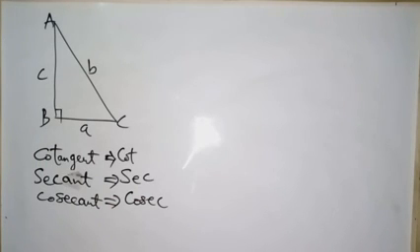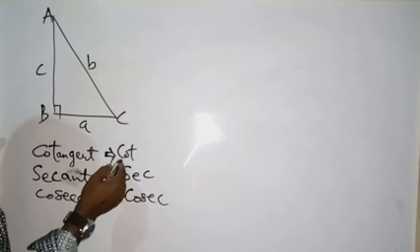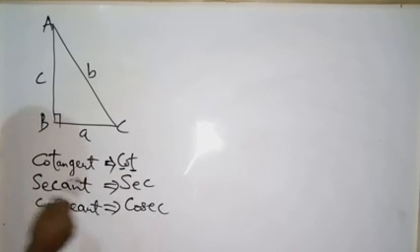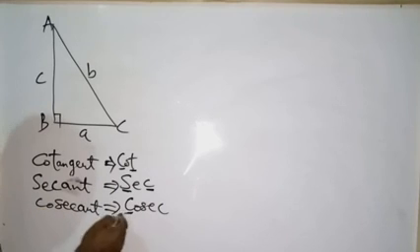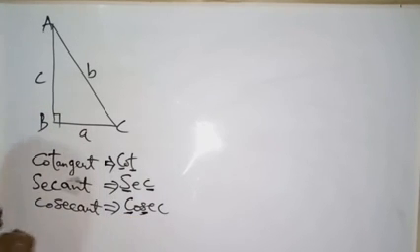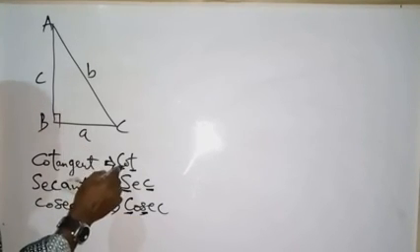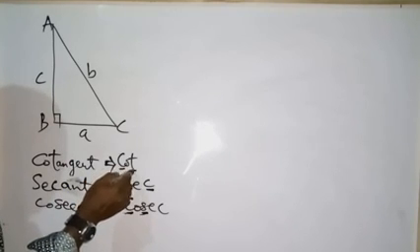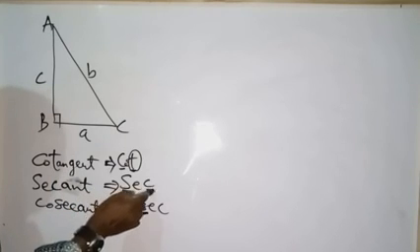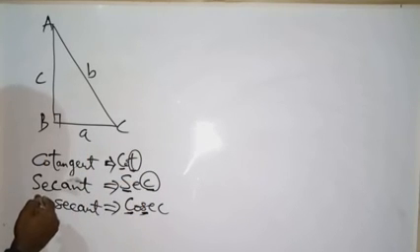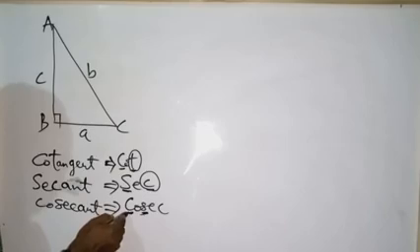Now, how do you easily remember the trig ratio for all of this? You look at this and look at this. Look at this first letter and the third letter, the first letter and the third letter. So when you're looking for cot, cot is 1 over tan. Sec is 1 over cos. And cosec is 1 over sine.